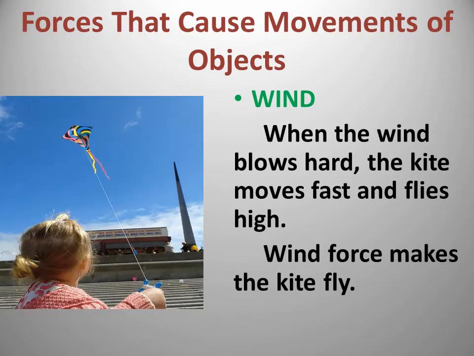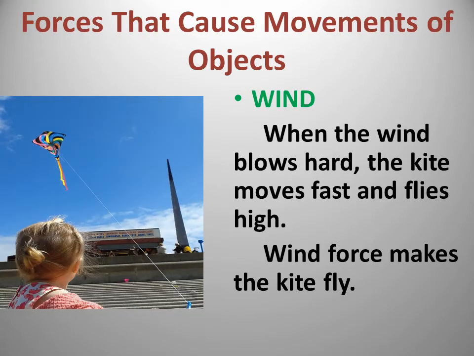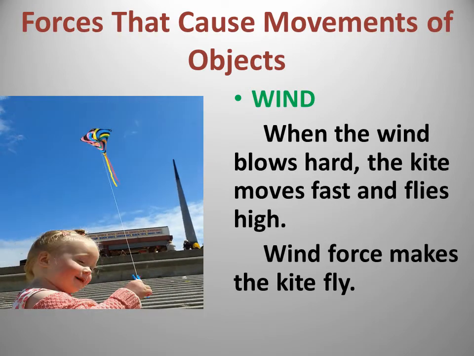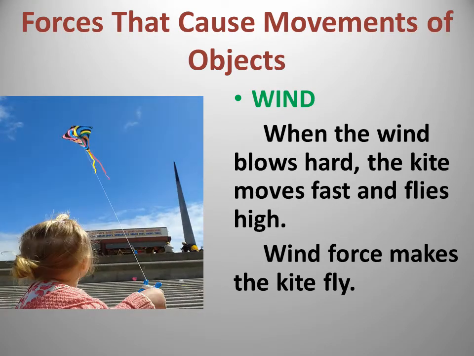Wind is another kind of force. When the wind blows hard, the kite moves fast and flies high. When the wind blows harder, the kite moves faster and flies higher.